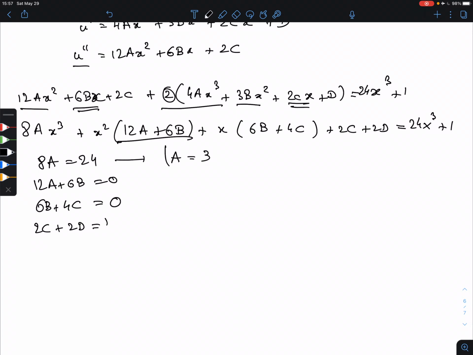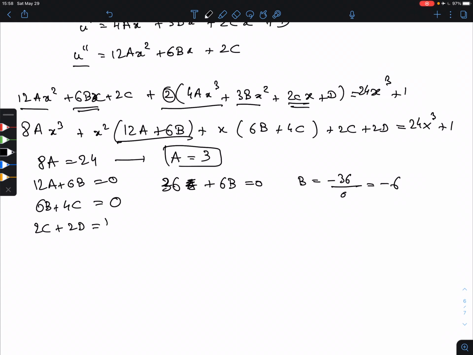This is a equals 3. If I plug this in here, I get 36 plus 6b is 0. There is no a anymore, right? 3 times 12, yeah, 36. So this means that b is minus 36 divided by 6, which is minus 6. Okay, great.